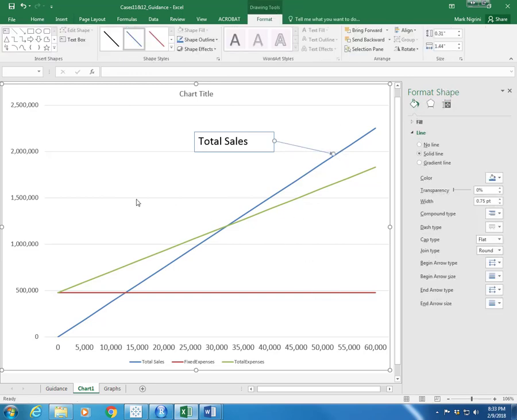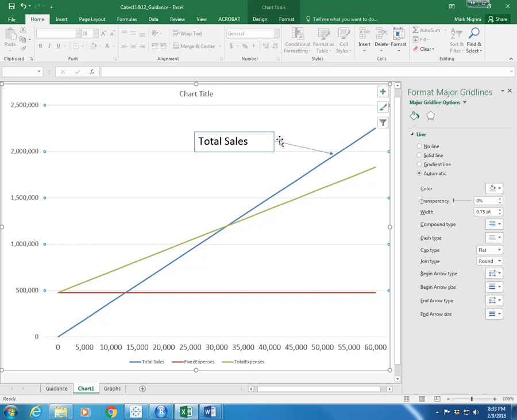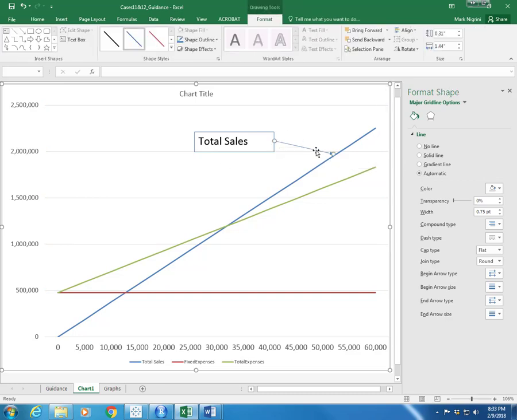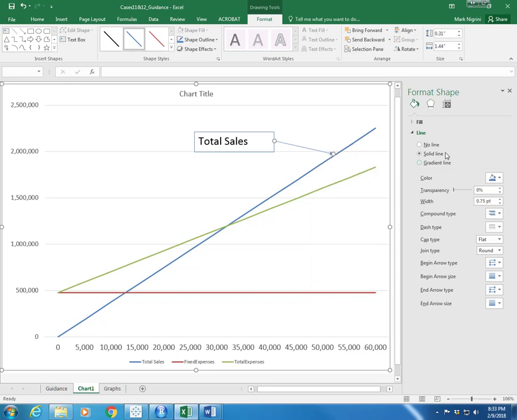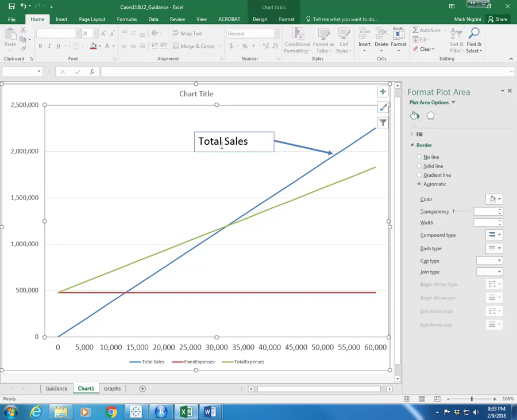And so things need to be tidied up. Get a nice bold arrow. This arrow is too flimsy. Format the object. And we need to make the width nice and big over there. And if you can do this, you can label the other things correctly as well.